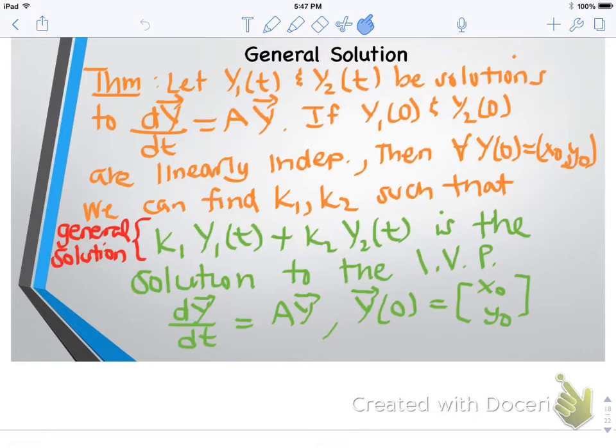Given that y1 and y2 are solutions to our differential model, we can look at it as vectors and a matrix A. If y sub 1 of 0 and y sub 2 of 0 are linearly independent, then for any y of 0 equal to x sub naught, y sub naught, we can find constants or parameters k1 and k2 such that k1 times y1 of t plus k2 times y2 of t is the solution to the initial value problem given some x sub naught, y sub naught.